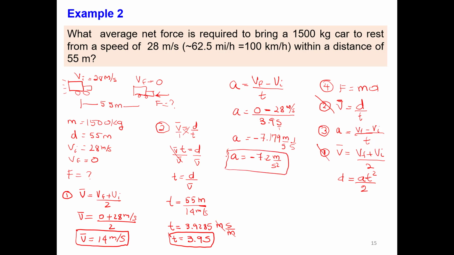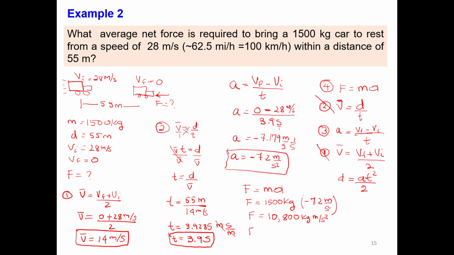And finally, now we can calculate the force. Yes, force equals mass times acceleration. Force equals mass, which is 1500 kilograms, times negative 7.2 meters per second squared. And the force equals 10,800 kilograms meters per second squared.